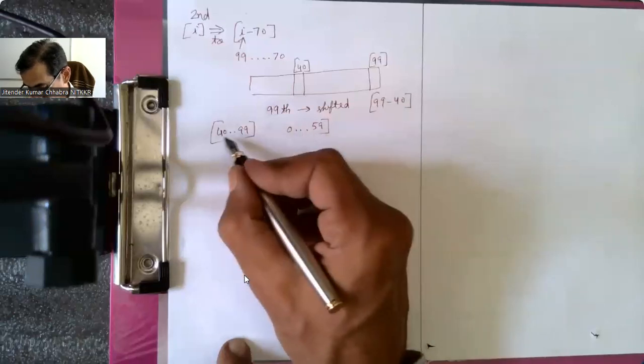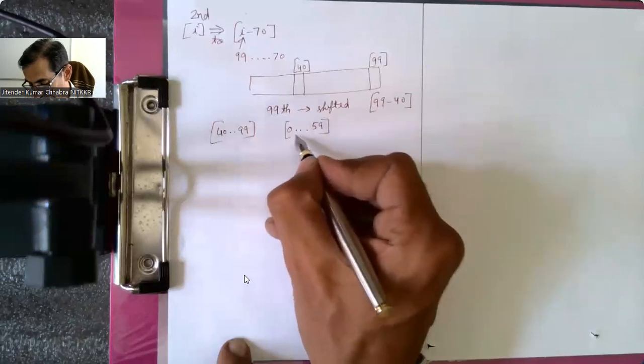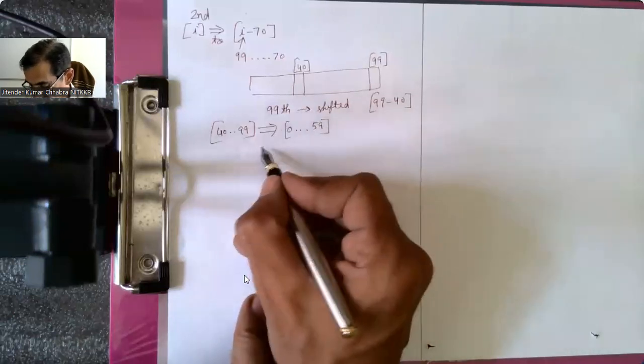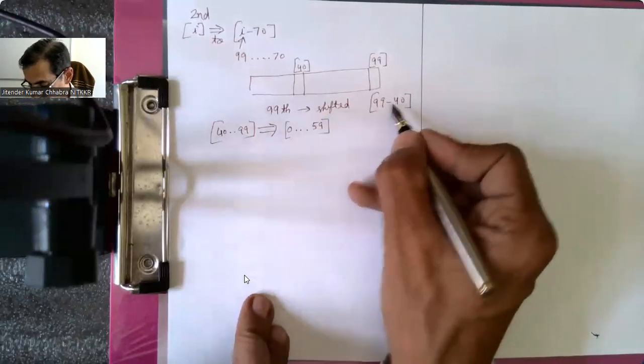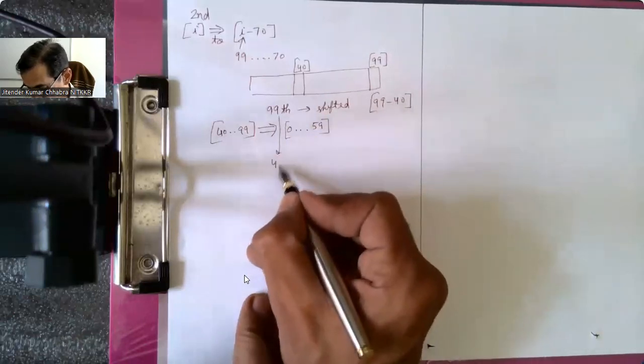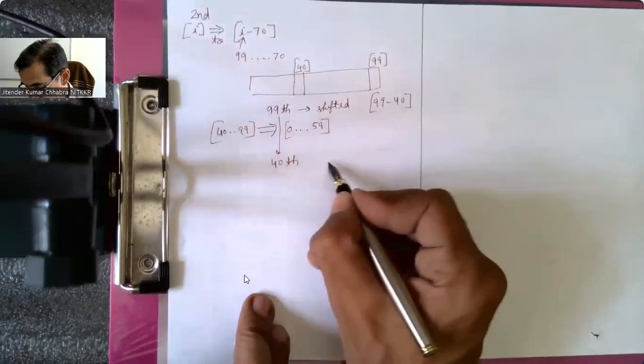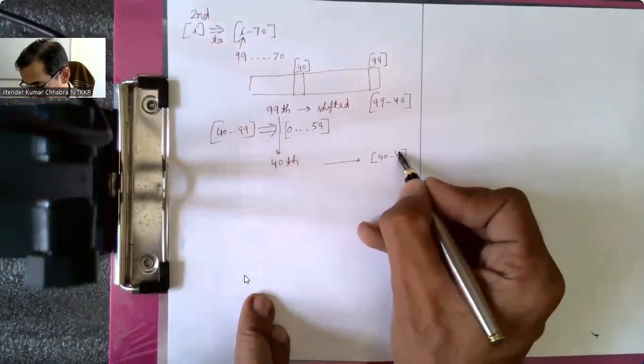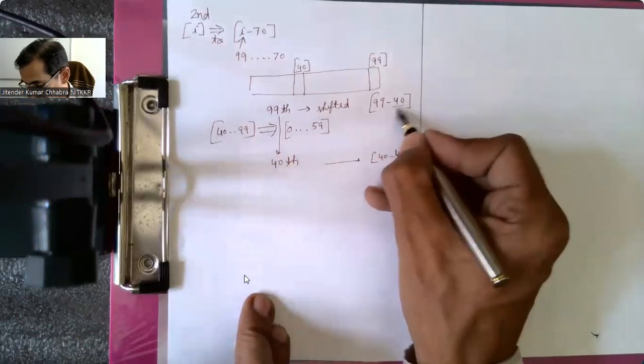There are total 60 elements available, so they will be at 0 to 59 now. That process will mean the 99th is shifted to this. Similarly, the 40th is shifted to 0. 40 minus 40. So minus 40 is fixed, and this I changes.